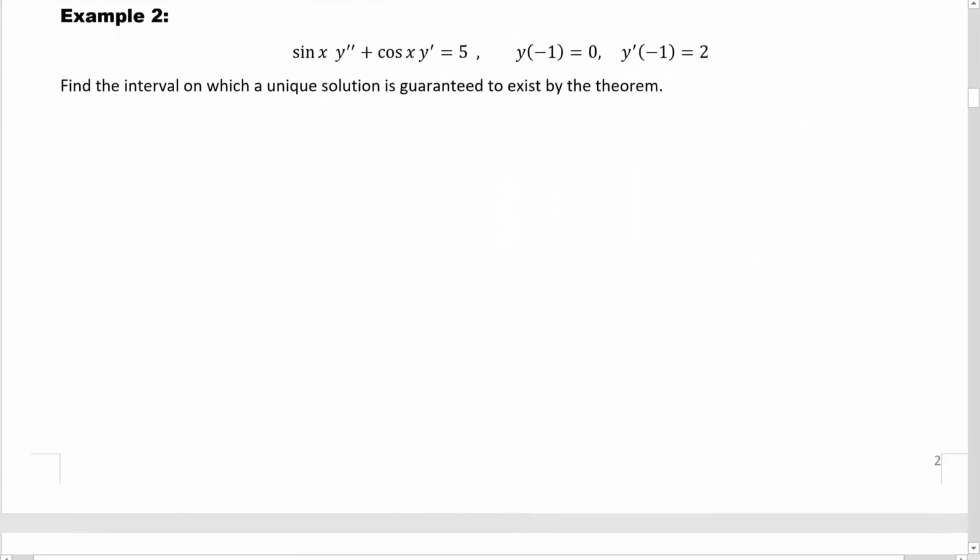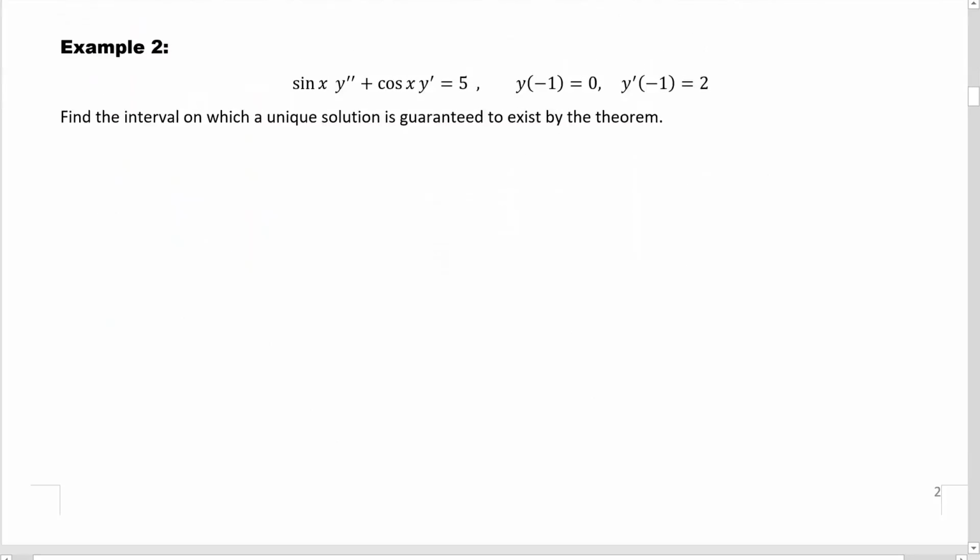Let's look at example 2. All right, what is the first step? Do we just look at the coefficients, sine x and cosine x? No, remember, what is the first step? You have to make sure our differential equation is in standard form, right?